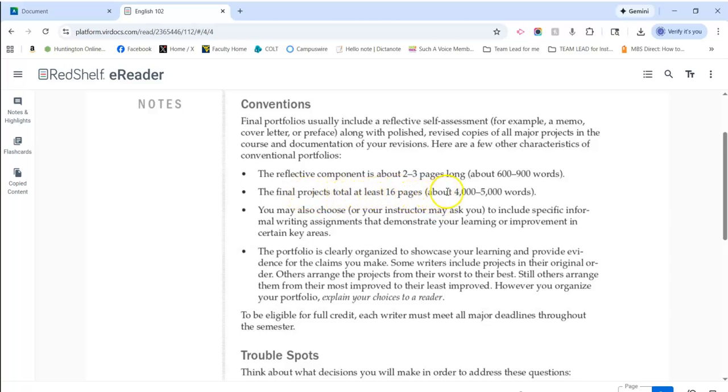Now, what that means is the projects themselves. It's only talking about the projects themselves. So the annotated bib counts for that. However long your annotated bib is, you'll have those pages. Let's say it's 3 pages, and then let's say you have maybe a works cited and everything.